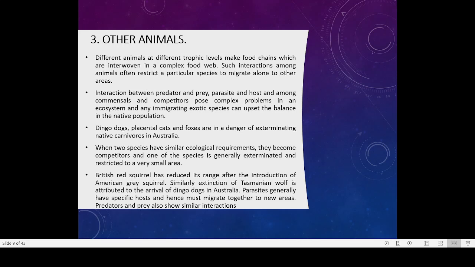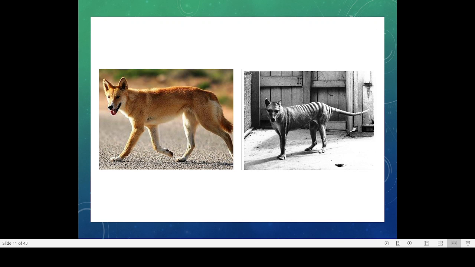They compete with the natural marsupial cat as well as marsupial dogs. And slowly, see, this is the normal dog, that is a dingo dog. The other one is the marsupial dog, which we call the Tasmanian devil. See how they look very similar. One is a marsupial species, the other is a normal dog.